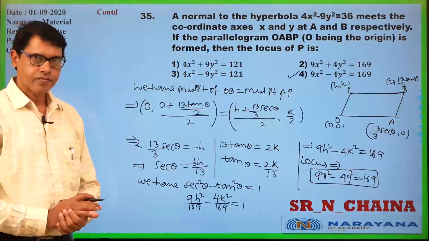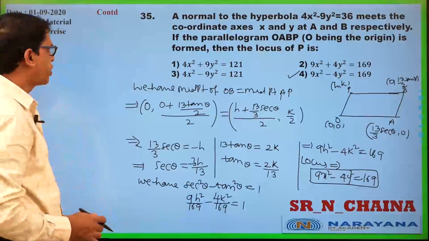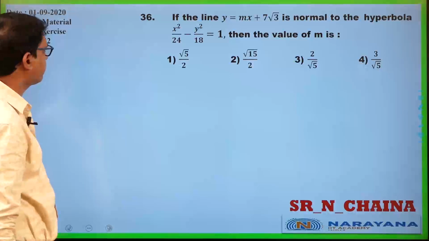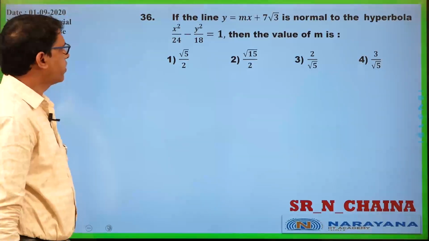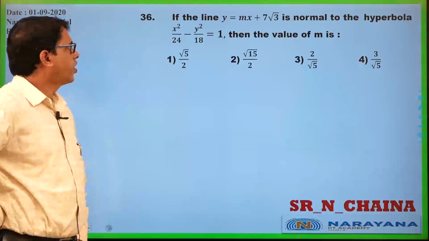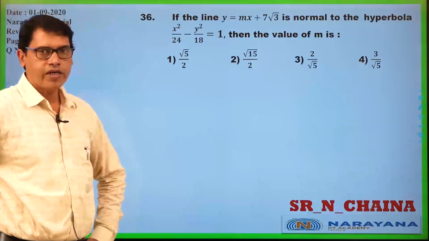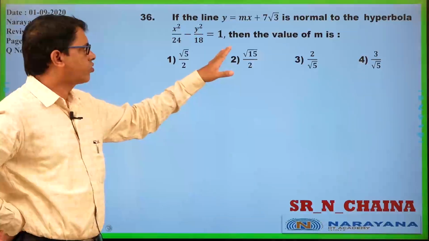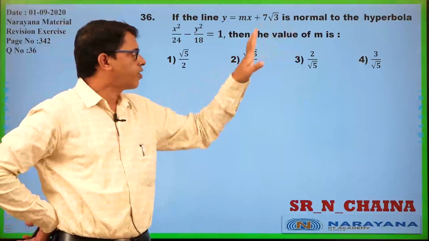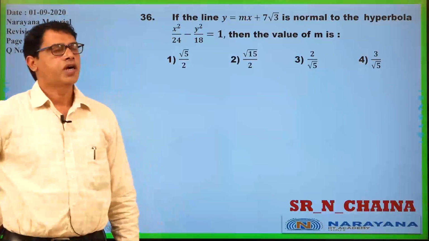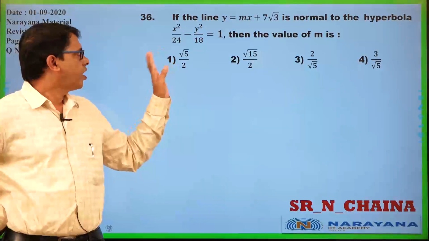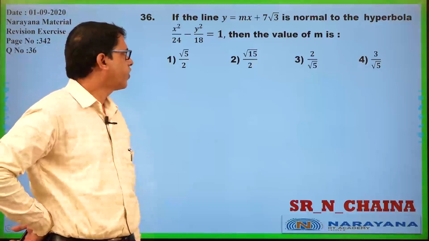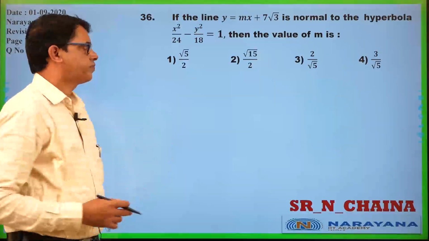Now let us go to the next one. See here, if the line y equals mx plus 7 root 3 is a normal to the hyperbola x square upon 25 minus y square upon 18 equals 1, then find the value of m.